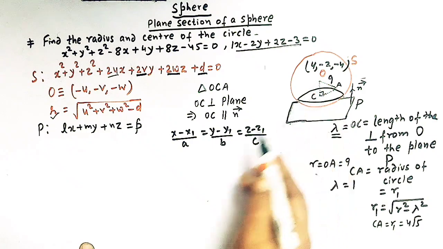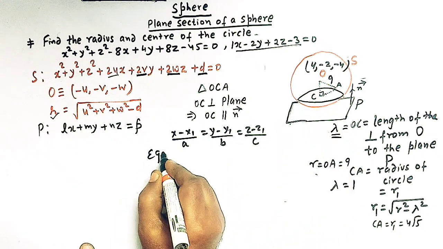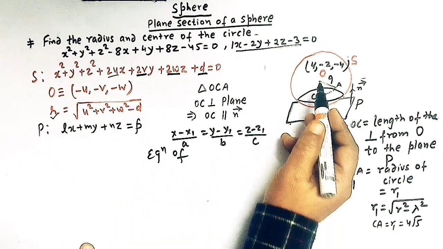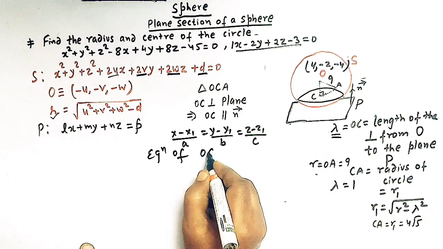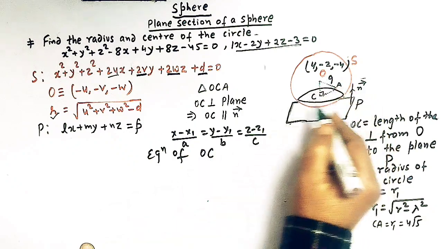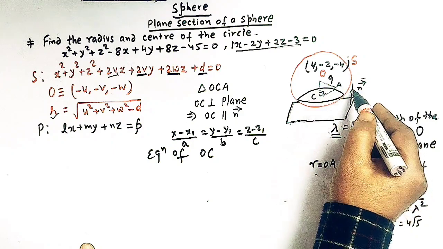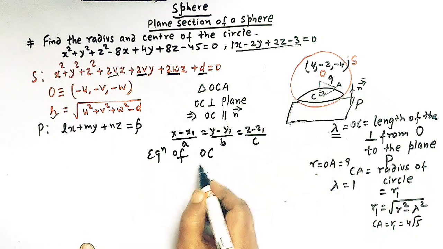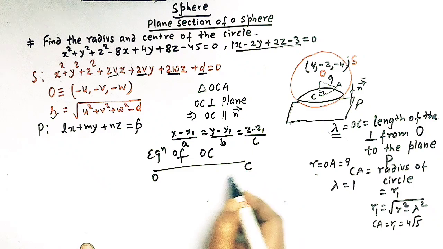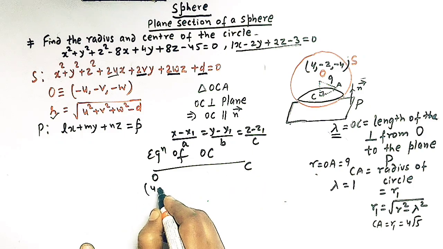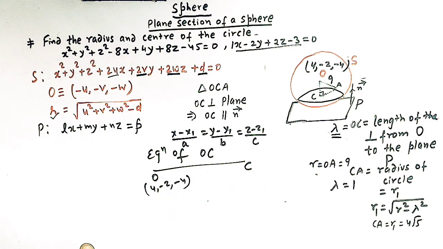So here we'll find out the equation of this line, that is OC, and OC is perpendicular to this plane P and parallel to the normal vector, right? So here we have OC, and the point O is (4, -2, -4), right?